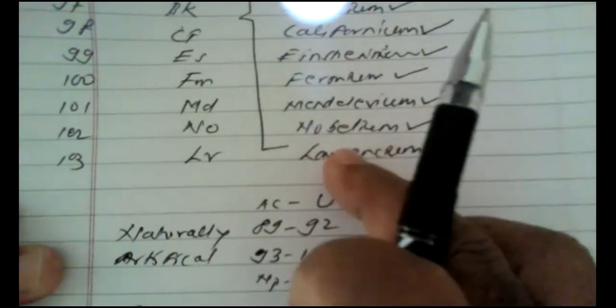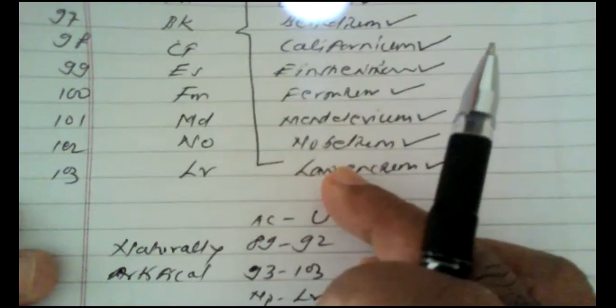So they have followed the names of planets, or the names of areas where the particular element was discovered, and the names of scientists, because all these elements, from atomic number 93 to atomic number 103, are artificially made or man-made elements.